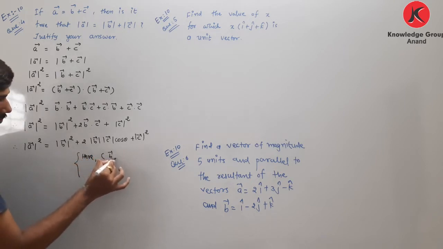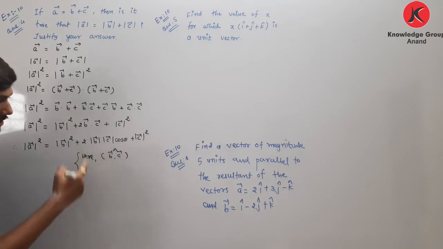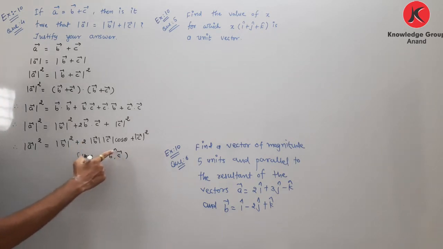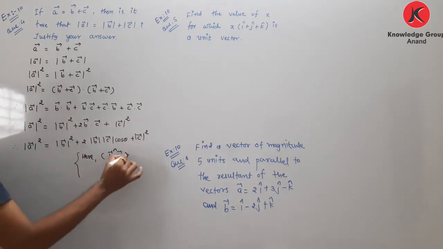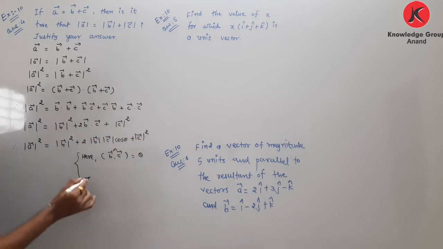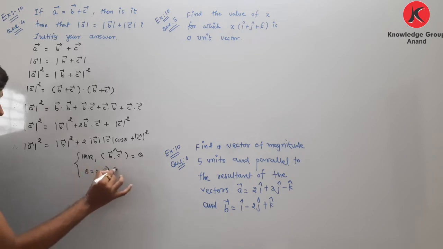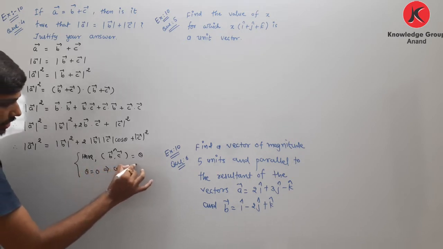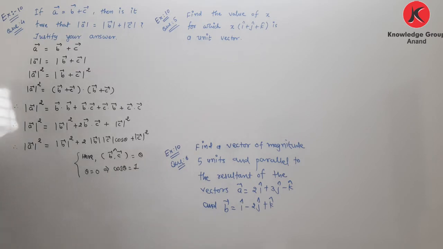Therefore, the angle between vector B and C is denoted as theta. If I am taking theta equals 0, the angle between them is 0, then I will take cos theta equals 1. Otherwise, I can't take cos theta equals 1 for any angle theta not equal to 0.